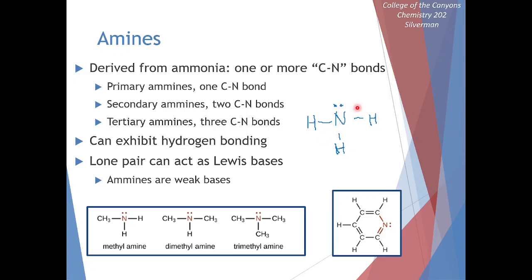That lone pair can be reactive. It can act as a Lewis base and be donated away when we react with other molecules. Since this molecule can be a Lewis base, our amine molecules are going to be weakly basic. These are going to be weak base molecules.